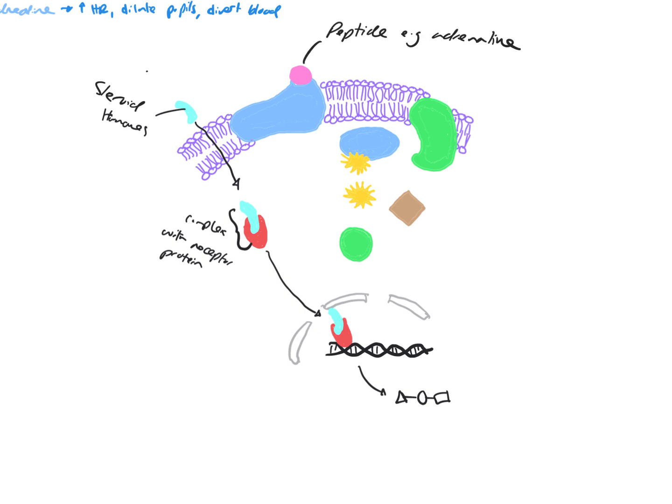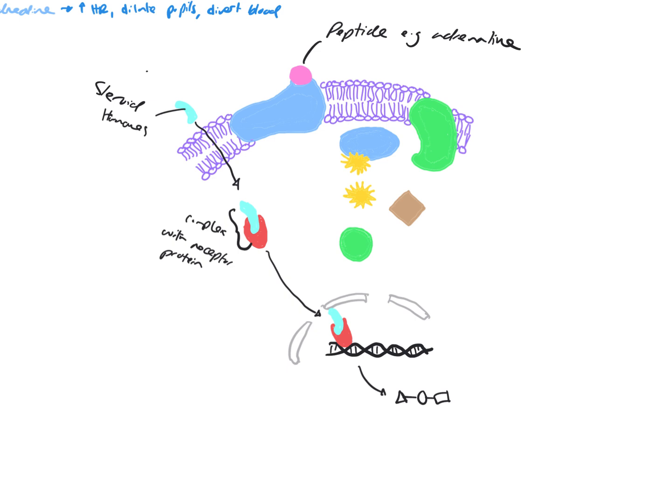So if we then look at one of the hormones from the medulla, so for instance adrenaline, which is a peptide hormone, we can see here a very different pathway which is taking place. So you can see that we initially have the adrenaline as a hormone binding with a receptor embedded into the cell surface membrane, and this is referred to as our primary messenger.